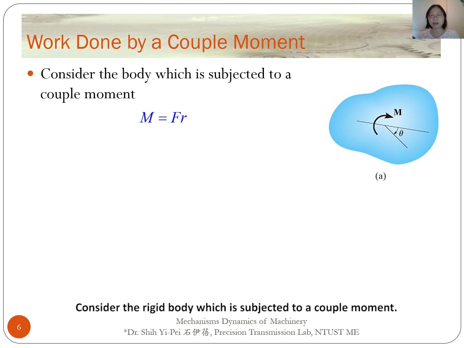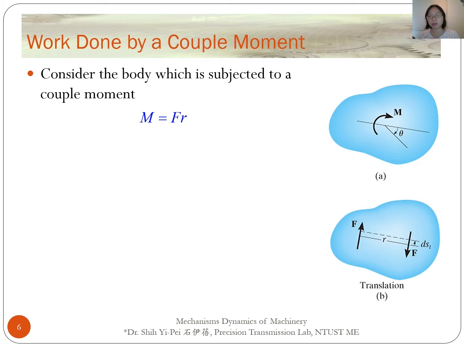Consider a rigid body which is subject to a couple moment. A couple moment is defined by the force F times the moment arm r. We should know that the general motion of a rigid body is a combination of translation and rotation. Let's take a look at the translational motion of a body first.